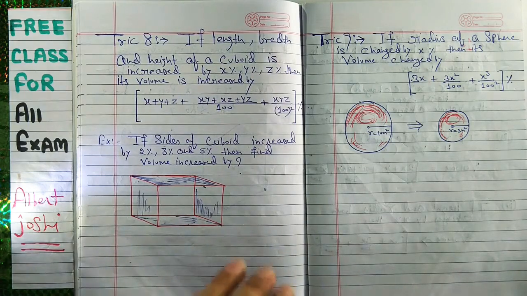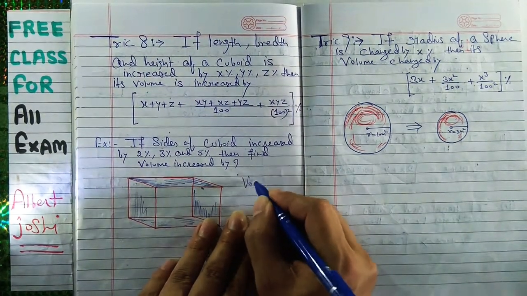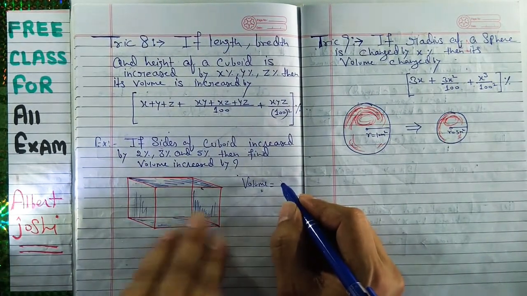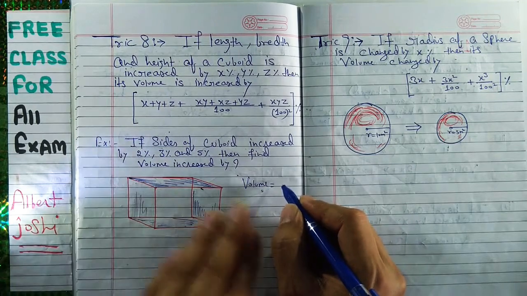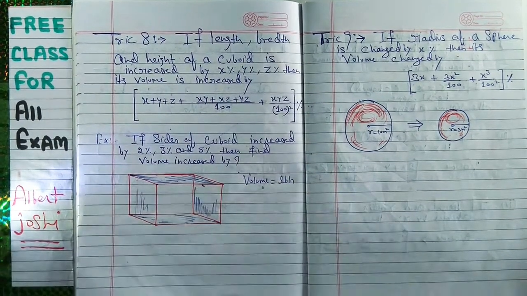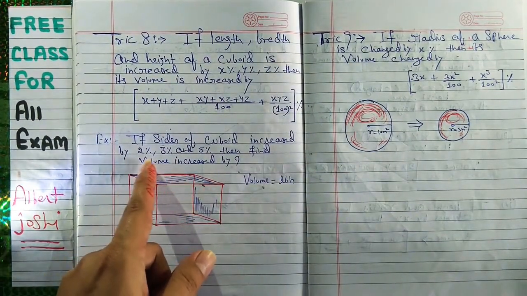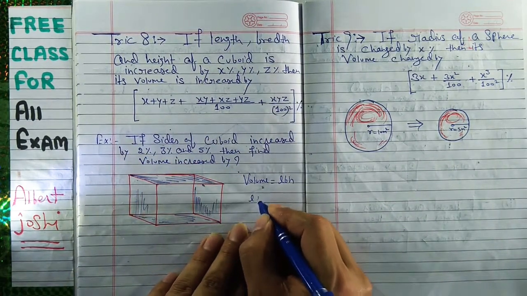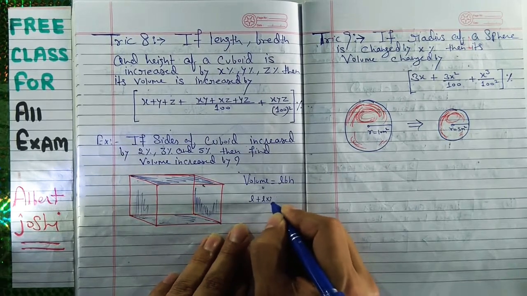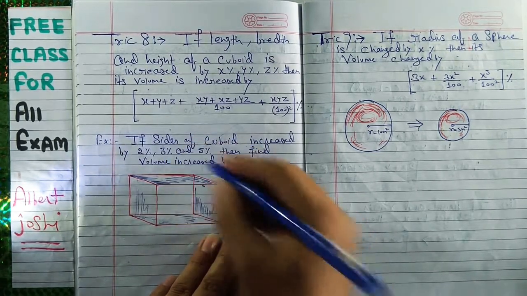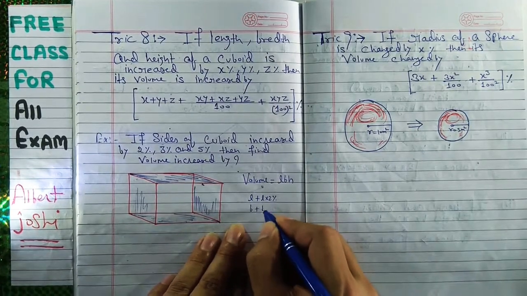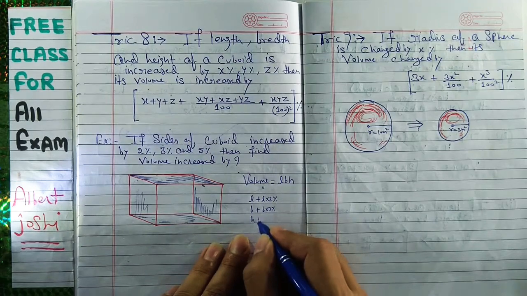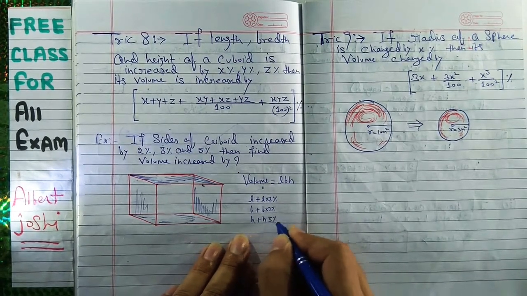Very simple. What is the volume of a cuboid? Volume is equal to length into breadth into height, LBH. But if you have increased the sides, length by 2%, so L plus L into 2%, and breadth increased by 3%, B plus B into 3%, and height also increased by 5%, height plus height into 5%.